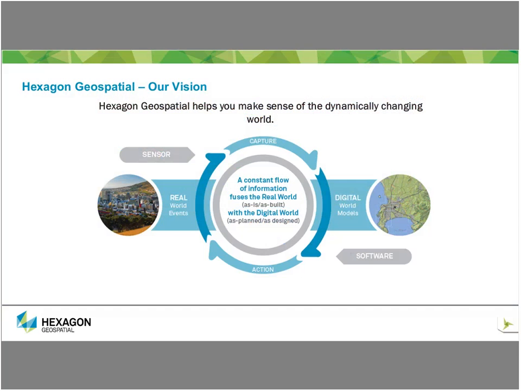If you're not familiar with who we are, Hexagon Geospatial, our vision is to help you make sense of your dynamically changing world. As you bring in new data from different kinds of sensors, whether that be aerial or terrestrial sensors for imagery or new vector data, new human intelligence information, whatever the case may be, we provide software tools to enable you to capture that information, turn it into digital world models, and make some sense of it and take actions against that information.